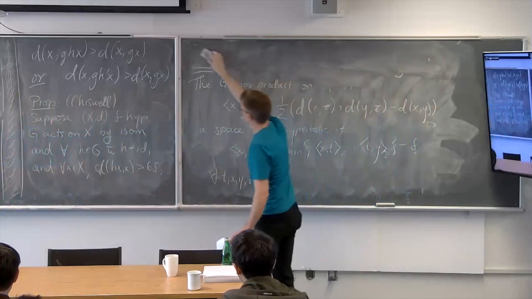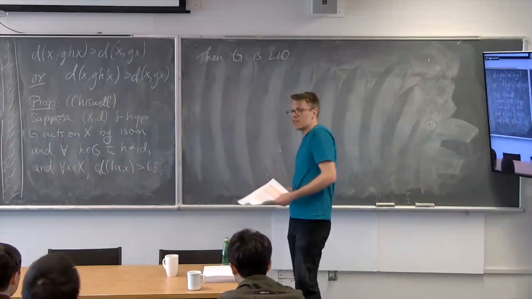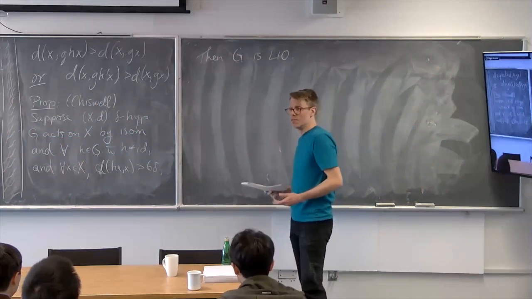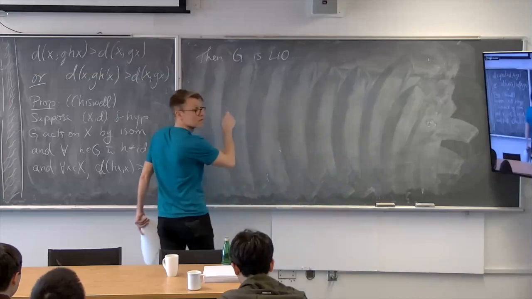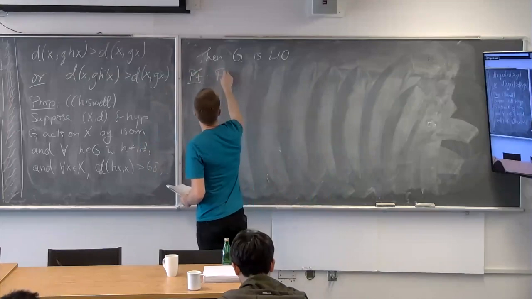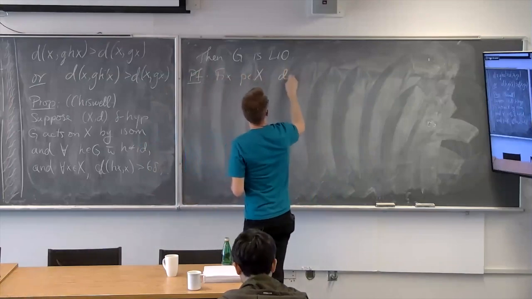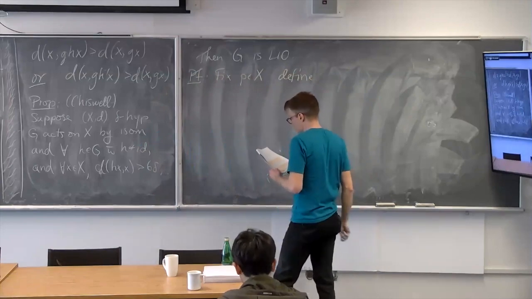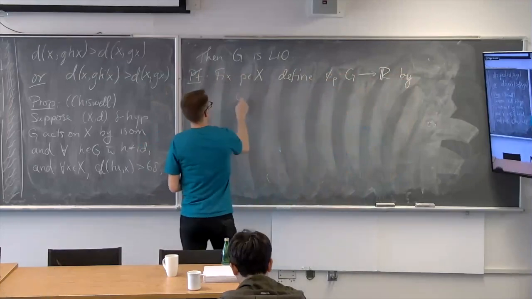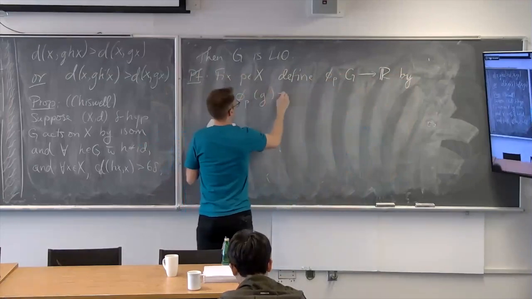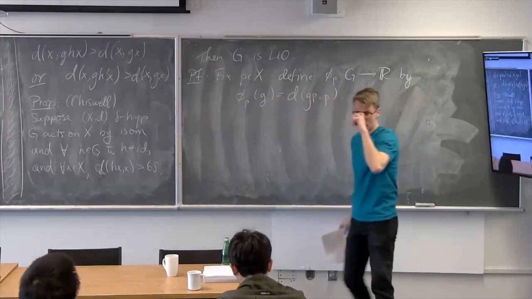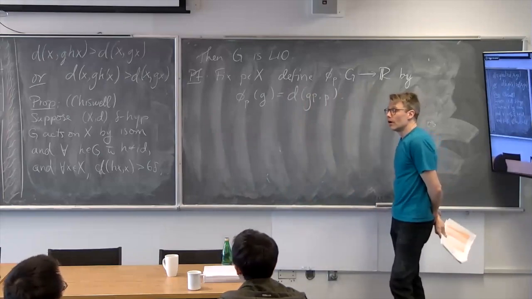Then G is LIO. And it's exactly that previous lemma where you embed something into an ordered set via a map that exactly encodes what it means to be LIO. So, proof. Fix p in X and define theta from G to R by the distance from p to g p. And then it works because it's exactly the lemma.